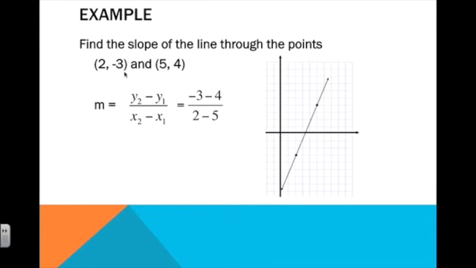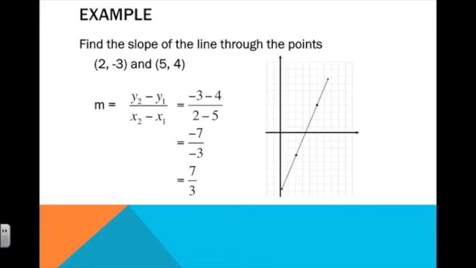Notice I used the y-coordinate and x-coordinate from the same point first, minus the y-coordinate 4, and in the denominator minus the x-coordinate 5. As we simplify this, we get negative 7 divided by negative 3, which of course is a positive 7/3. So we would say that the slope is 7/3.